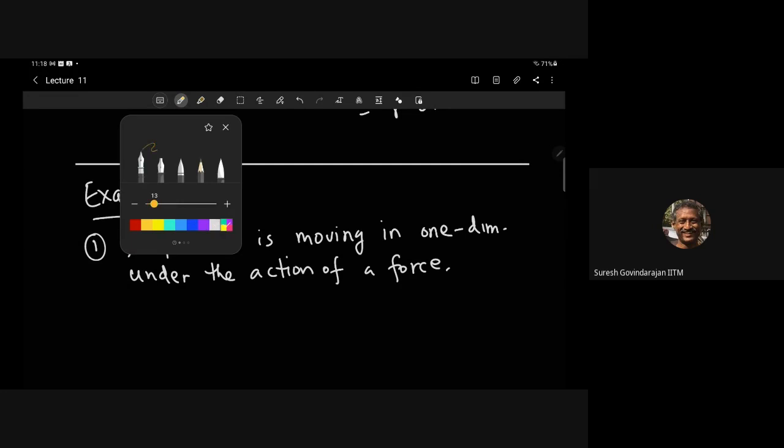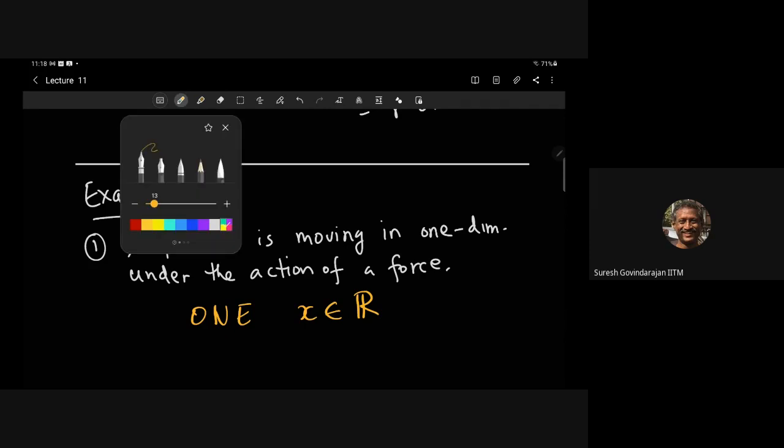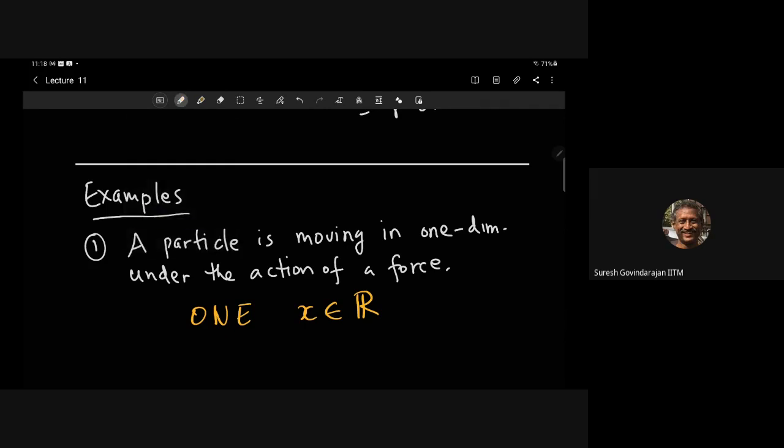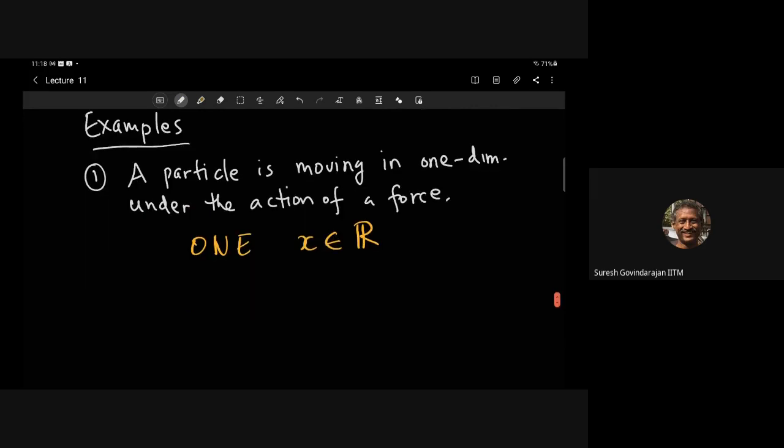1 degree of freedom. And we can choose the position on this dimension that we have. Okay, x, and that belongs to R, the real line. Yes. Anybody have questions here? And the key point here is, the force is irrelevant.